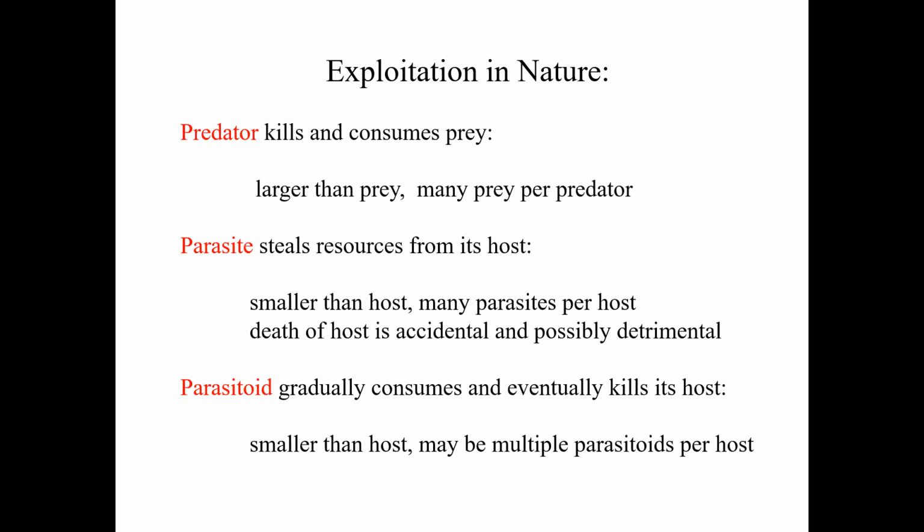And a single predator can kill and consume many prey during its lifetime. So that's our typical mental image of a predator. That's a lion eating zebras on the savanna of Africa. That is a mountain lion in the Rocky Mountains eating white-tailed deer. That's a fox eating rabbits.